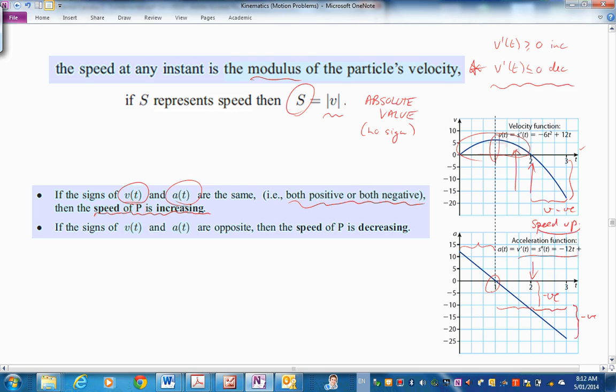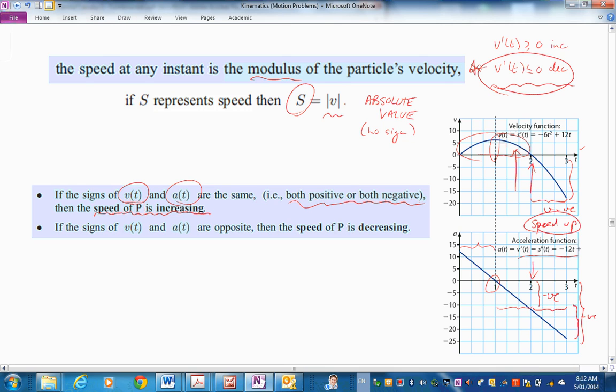Now, in that region, though, the velocity is decreasing. This is a problem. Why? Because the acceleration, the derivative of velocity, is negative. Any region where v'(t) is negative means the velocity will be decreasing.